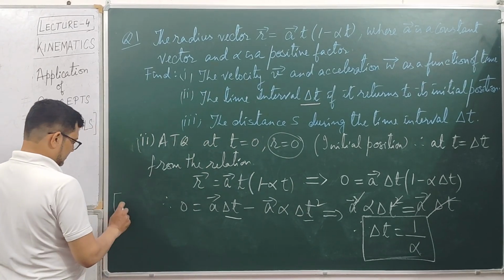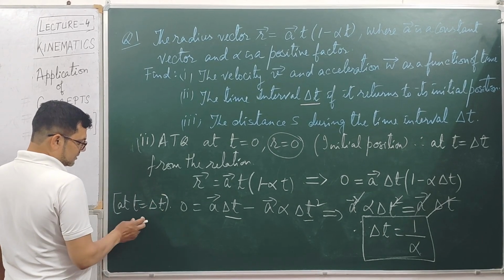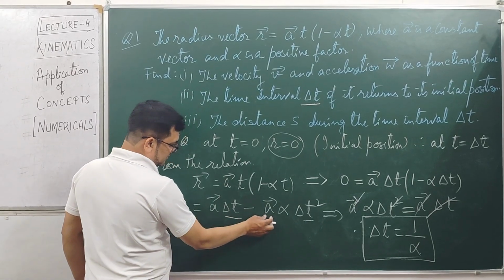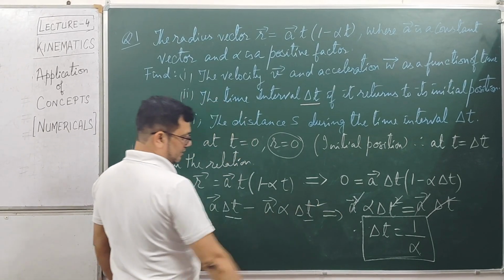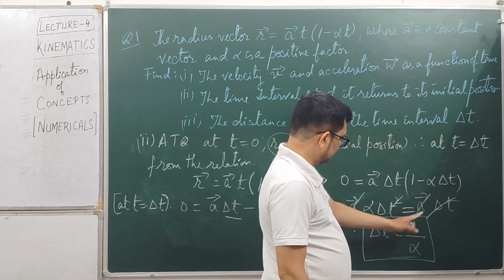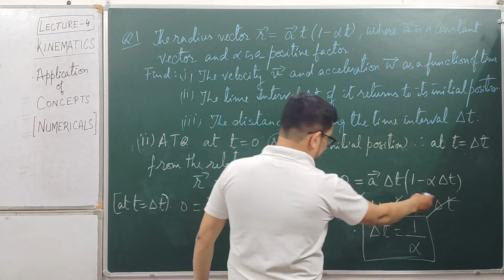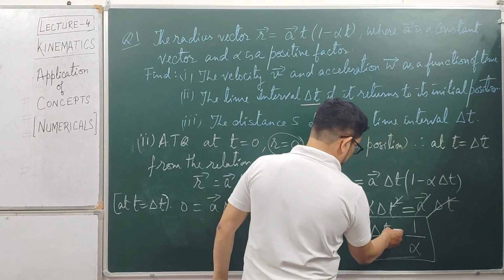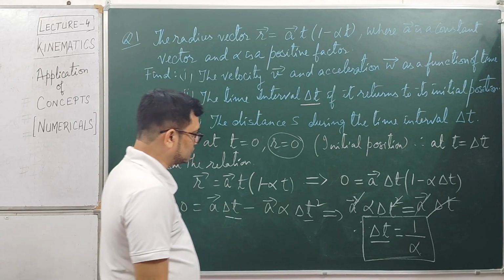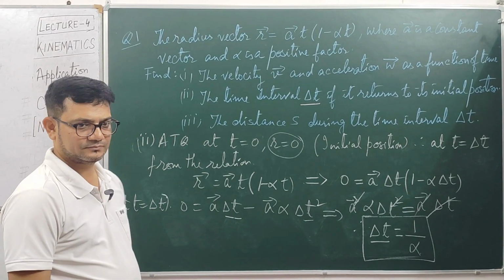At time t is equal to delta t, we just substitute t with delta t, we get a delta t minus a alpha delta t squared, and then alpha delta t is equal to 1, and one delta t gets cancelled, so delta t is equal to 1 over alpha.